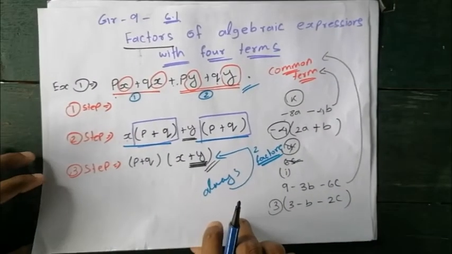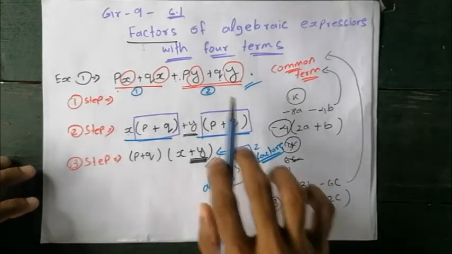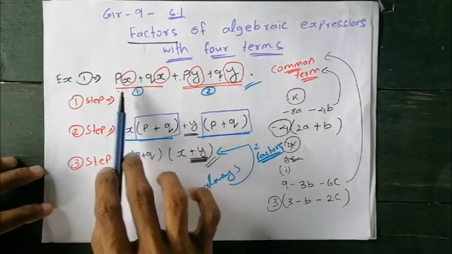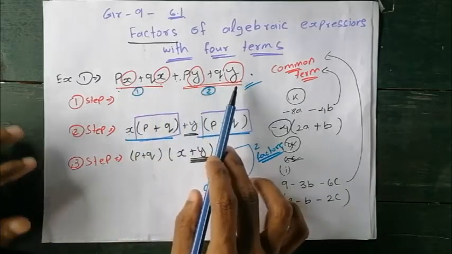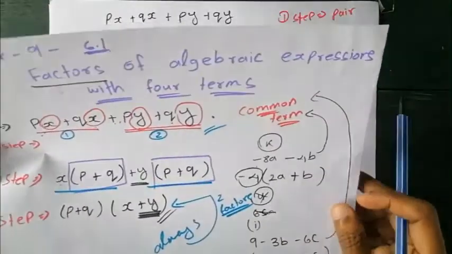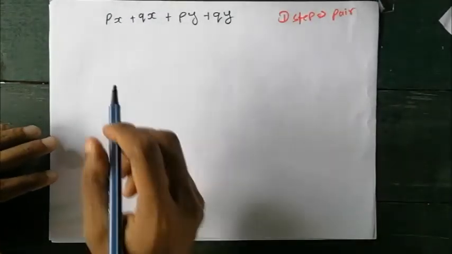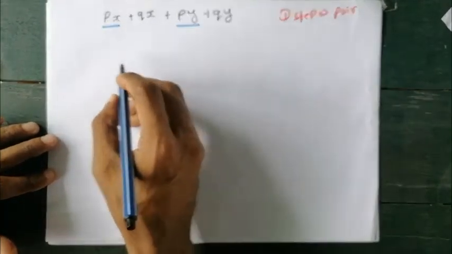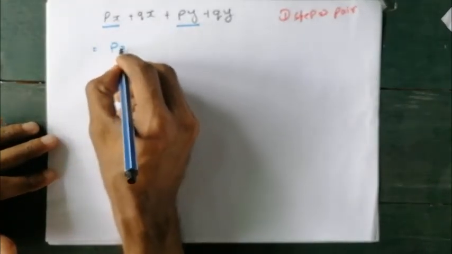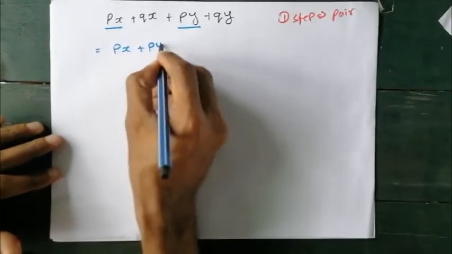Given order. So in the previous method, we just paired in the given order, px, qx and py, qy. So here, instead of this pairing step, we are going to do another way. What is the way? We are going to take the pair as p's. So the first step, px plus py.